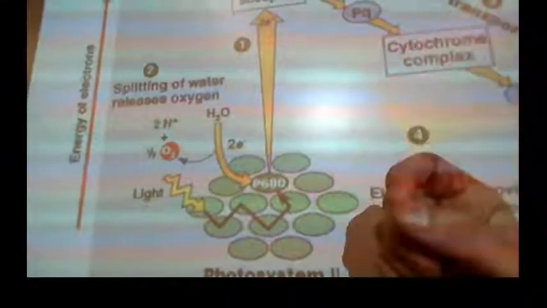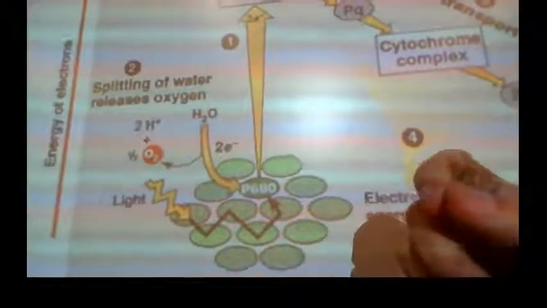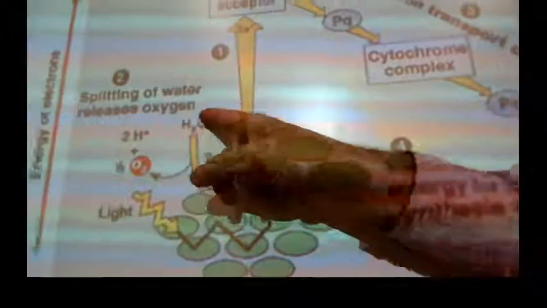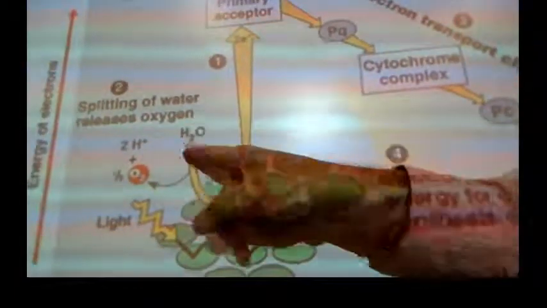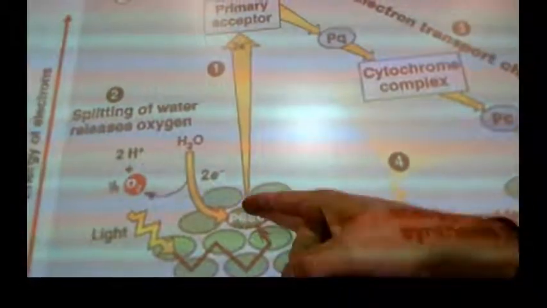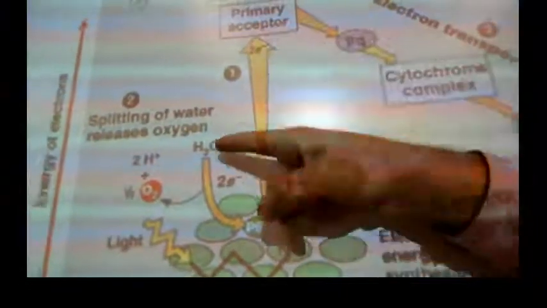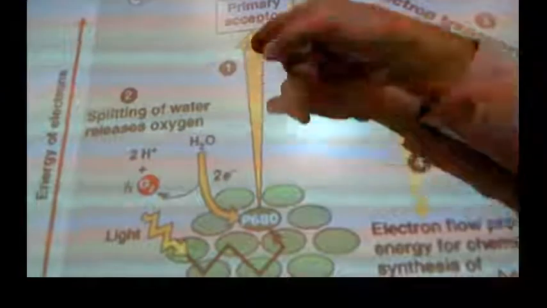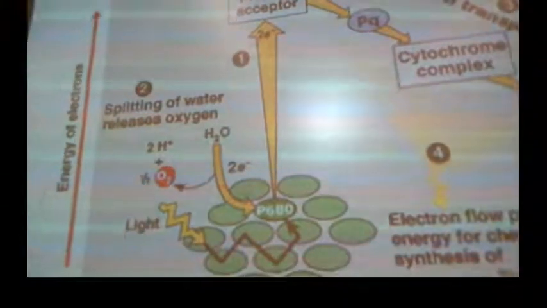So one of the reasons that plants need to take in water is so that they can constantly break down these molecules of water and replenish those electrons. So every time 2 electrons leave, the plant breaks down a molecule of water and replenishes those electrons so that they can leave again. All right?